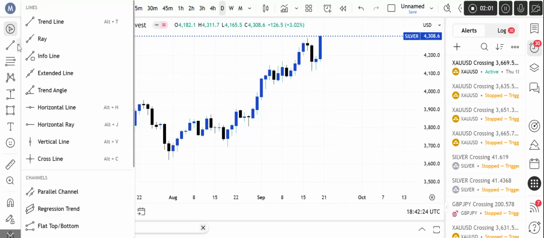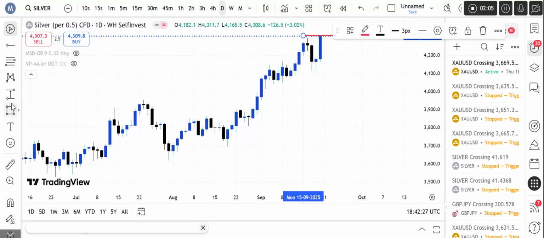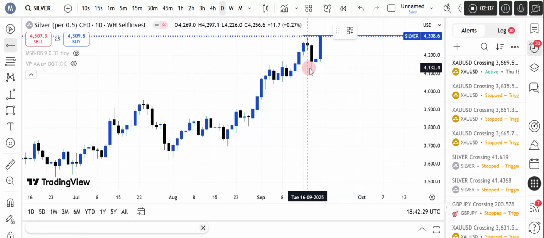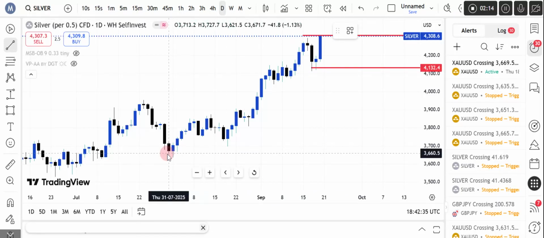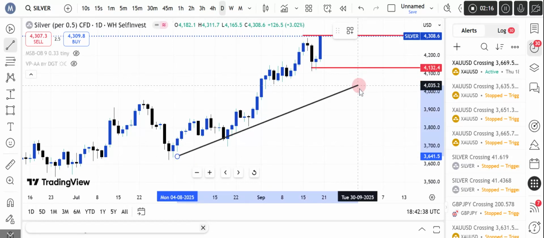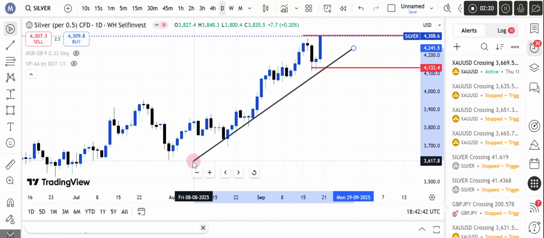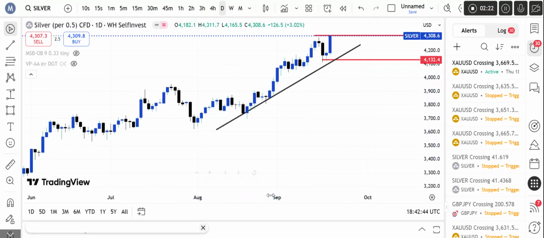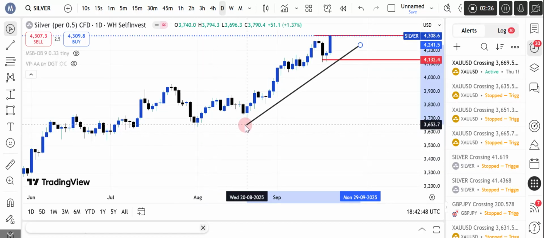On the daily time frame, what I do on the chart is mark my high and my low. So this is my high and this is my low. I mark out my trend line to show that Gold is bullish.